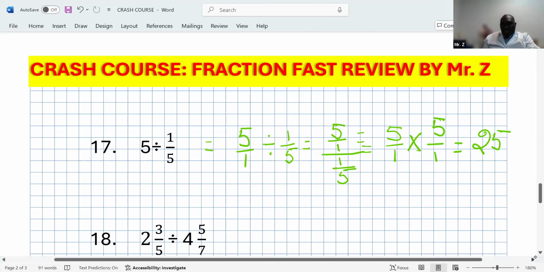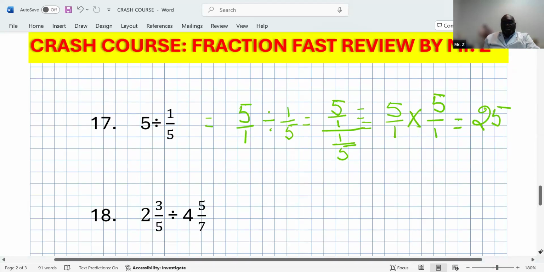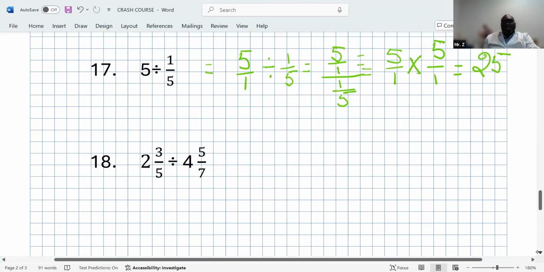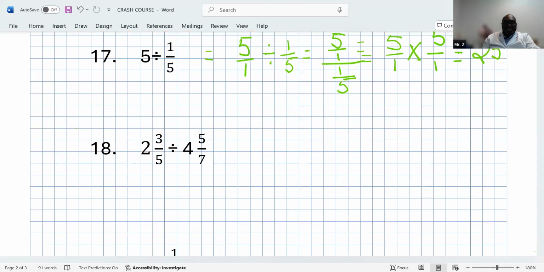Okay, let's look at number 18. Here, we're dealing with a mixed number divided by a mixed number. The first thing you have to do is convert the mixed numbers to improper fractions.